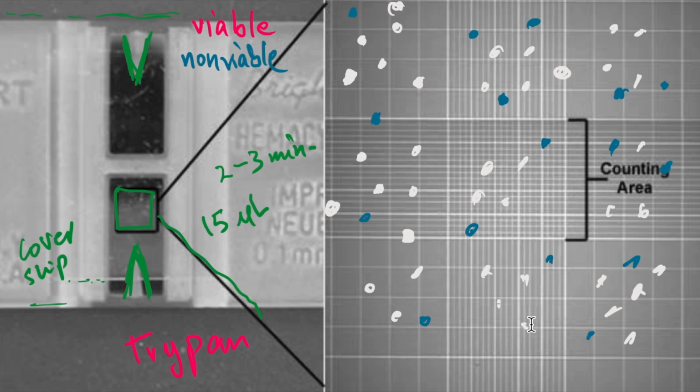I've drawn the viable ones here as white, but they would typically appear grayish, and the non-viable would appear as blue because of the trypan dye.